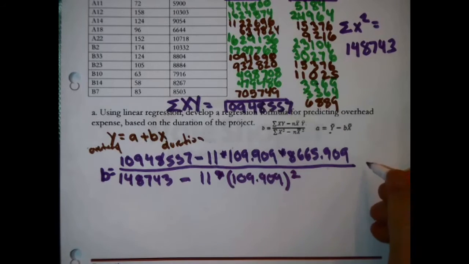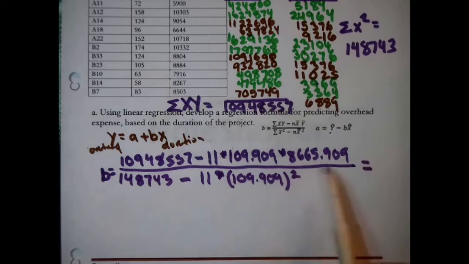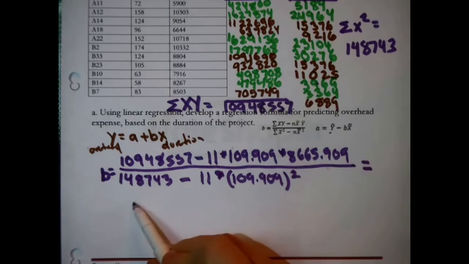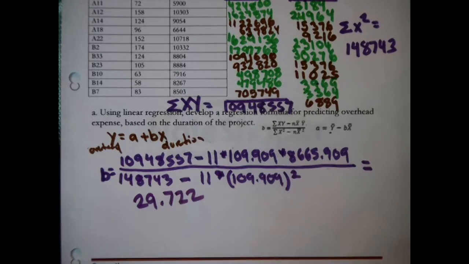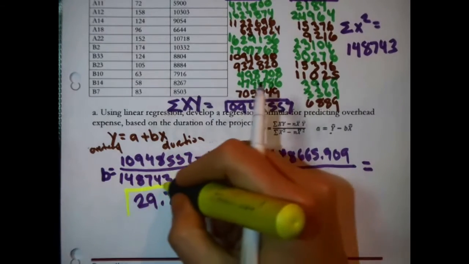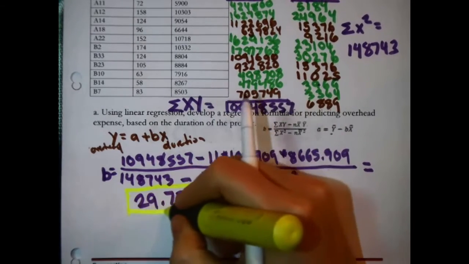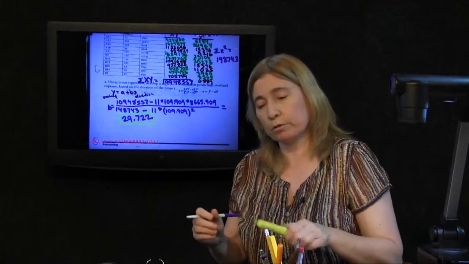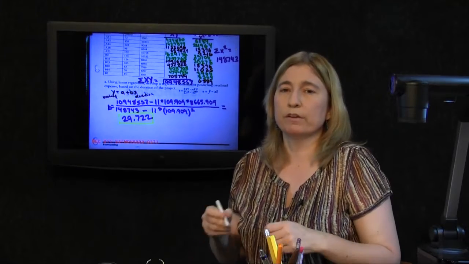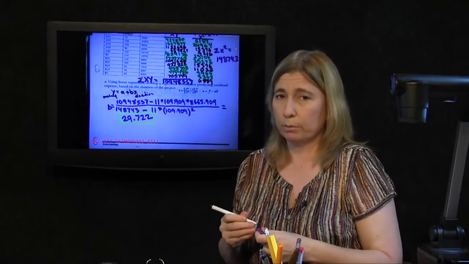All right, put that into the calculator. I see 29.722. I'm going to want to mark that. We are going to have a lot of calculations here, and I don't want to lose track of that because I found the slope. I have found the slope of the regression line, 29.722.